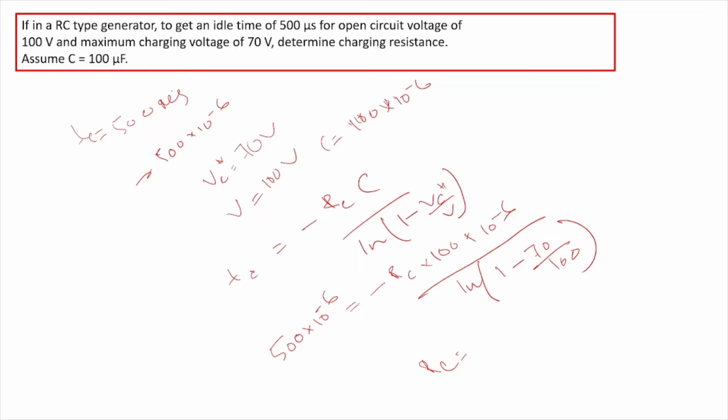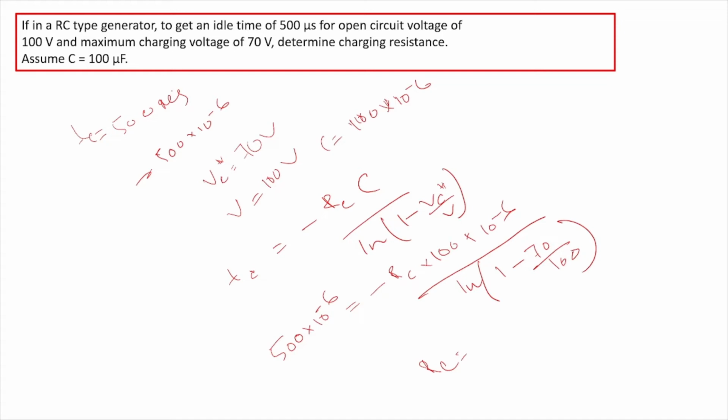That means 500 into 10 to the power minus 6 into minus 1.2 equals minus R into 100 into 10 to the power minus 6. If we cancel the 10 to the power minus 6 on both sides, R equals 500 divided by 100 into 1.2.